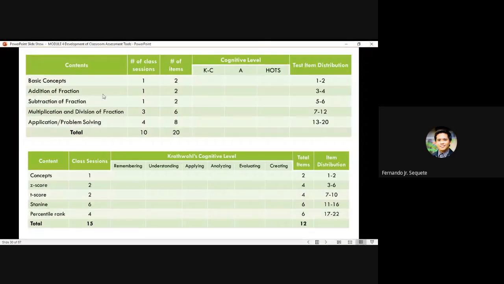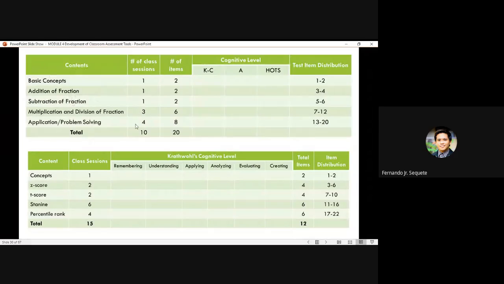If you look at these samples, instead of objectives or learning outcomes, what is written here is content. I think it is better for me to write contents instead of objectives, because with objectives you might be confused on how to construct your test items. So contents are better.